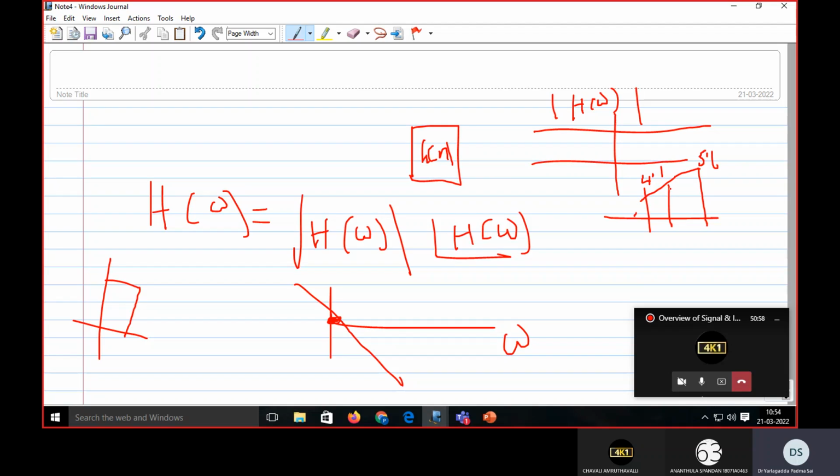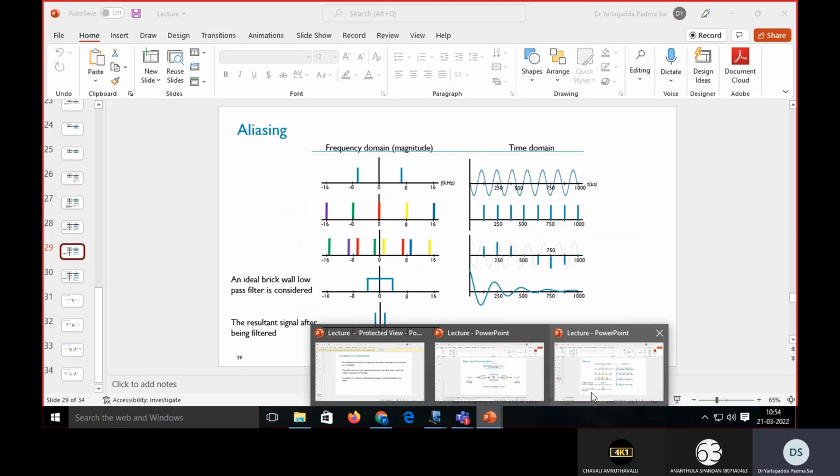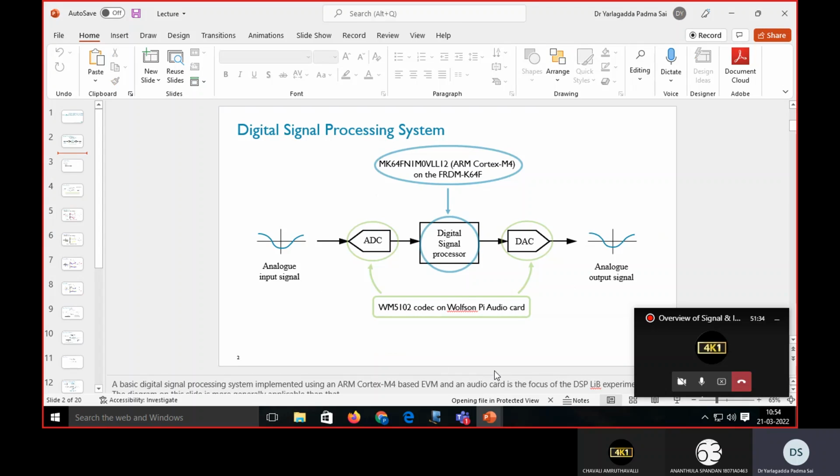This signal we call discrete. After doing quantization it is still an analog signal only, but here we treat 4.1 as 4 and 5.1 as 5. When you want to convert to digital, this is 100, this is 101. After sampling you get a discrete signal, but in practice we treat discrete and digital as one and the same, though both are different.